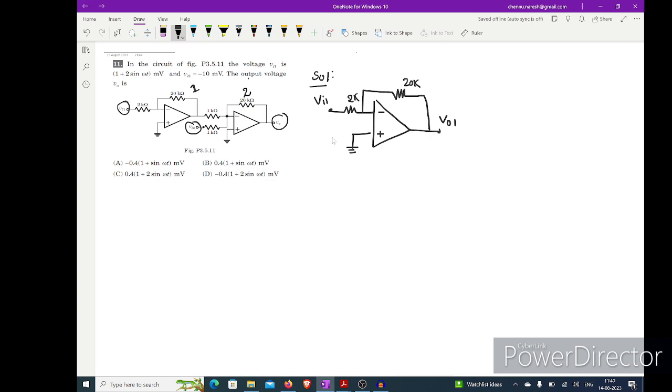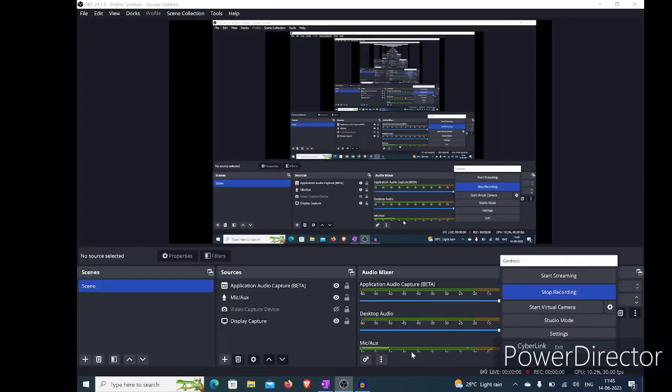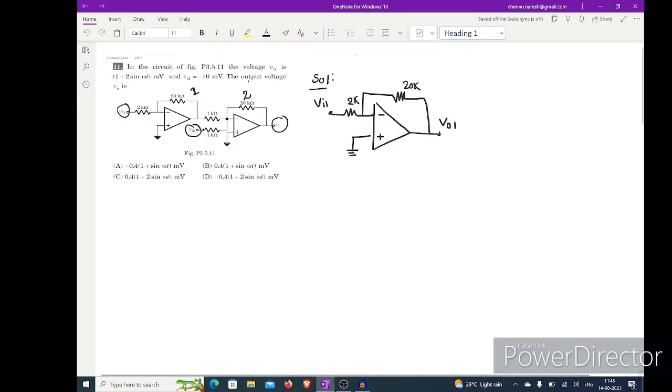So nothing is mentioned about the op-amp. Yeah, here this is the first circuit. Nothing regarding the op-amp is mentioned, so we'll take the op-amp as ideal.